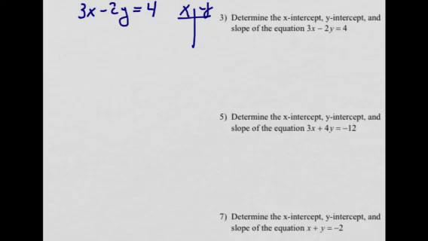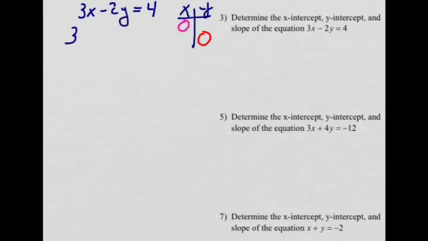We want to know, what's the value of y when x is 0, and we also want to know the value of x when y is 0. Let's start with the pink one first. The pink one basically says let x equal 0 and find y. So we're going to do that.